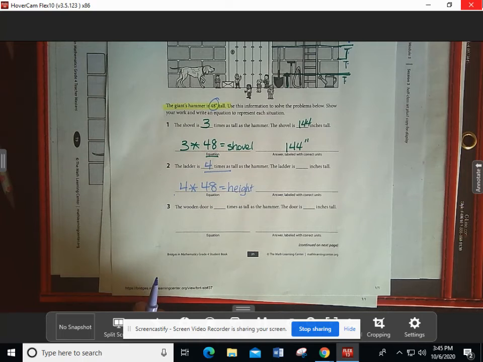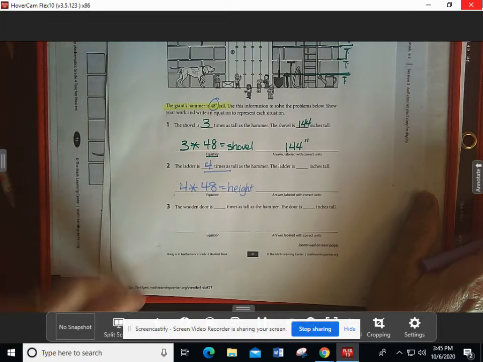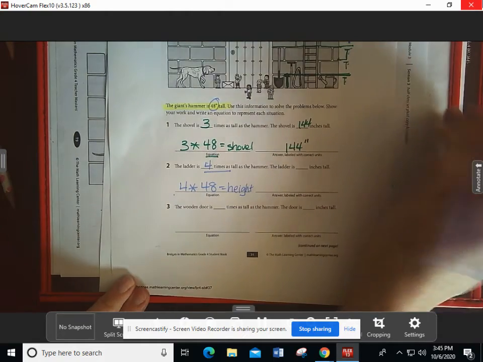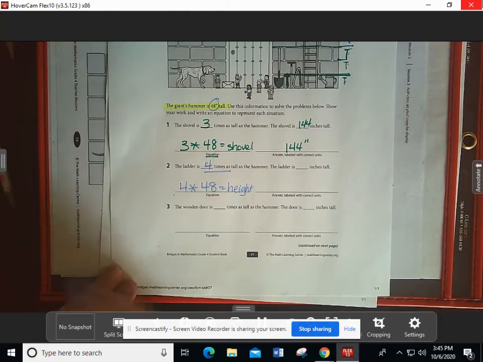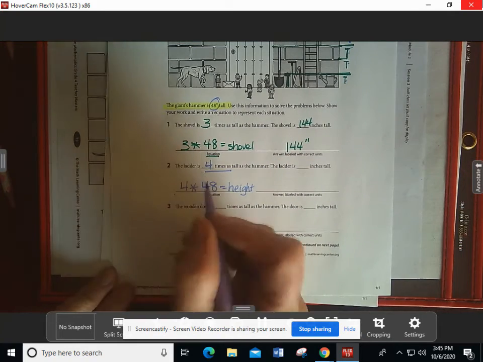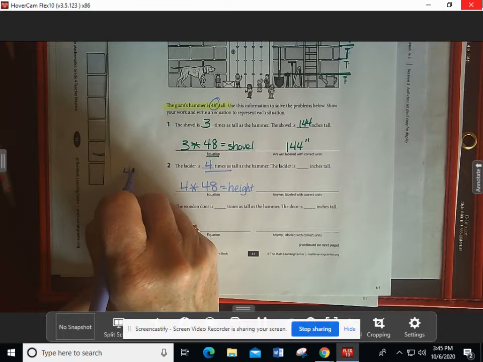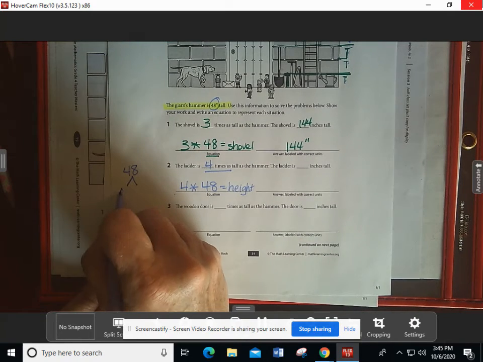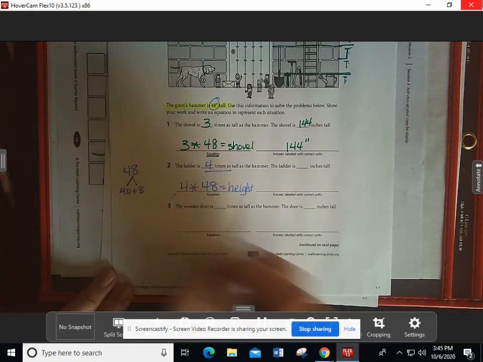Again, you can make a ratio table. I know we've done it, and you can go back and look at it, but we could do a ratio table. We can distribute our numbers when we multiply. It's your choice of what to do. Since we are getting so close to learning how to do larger numbers for multiplication, I'm going to do this. 48, I'm going to separate 48 into 40 plus 8.